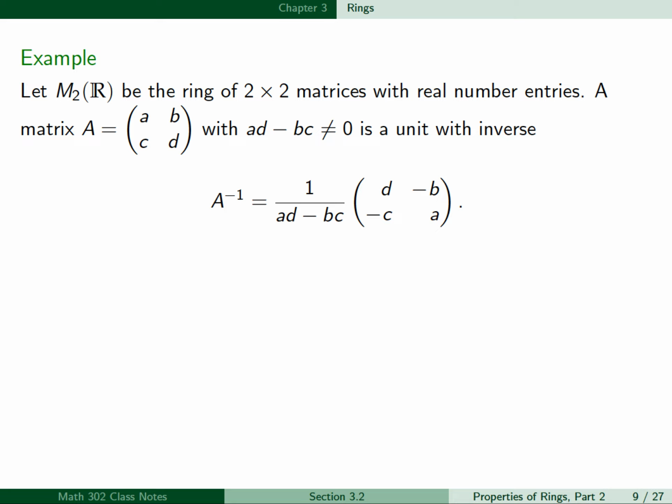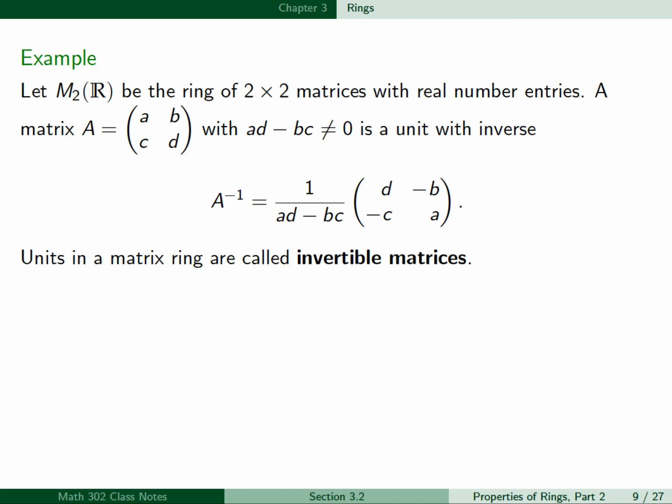So ad minus bc, as you are no doubt aware, is the determinant of that 2 by 2 matrix. And so A inverse is obtained by dividing by the determinant, and then we swap the diagonal entries, and we take the negatives of the off-diagonal entries.